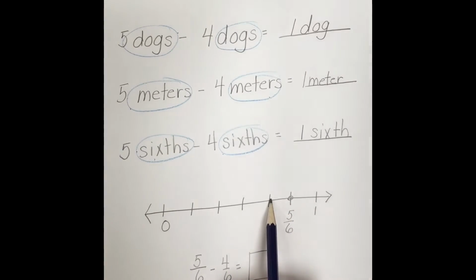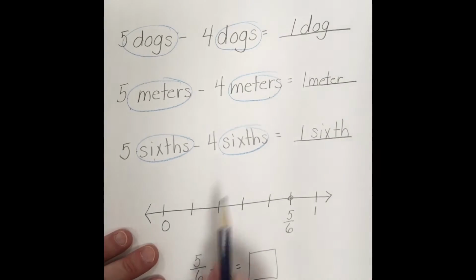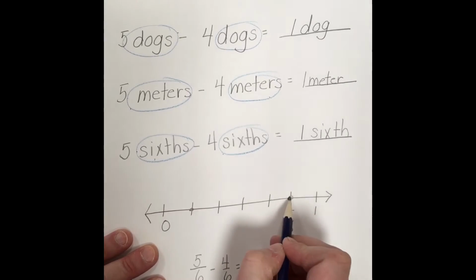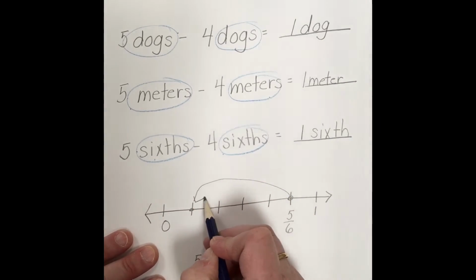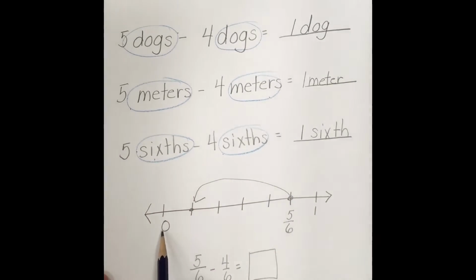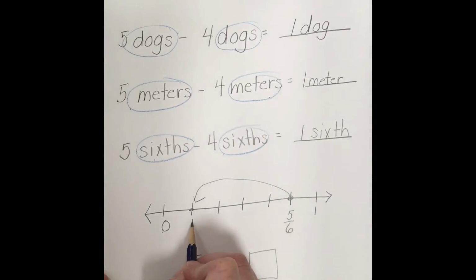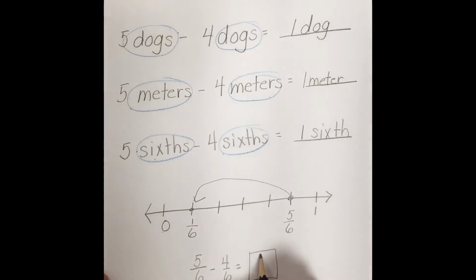So 1 sixth, 2 sixths, 3 sixths, 4 sixths. Put my dot, draw my arrow. If this is 0, then I know that this is 1 sixth. So my difference is 1 sixth. When they're like units, it's really quite simple.